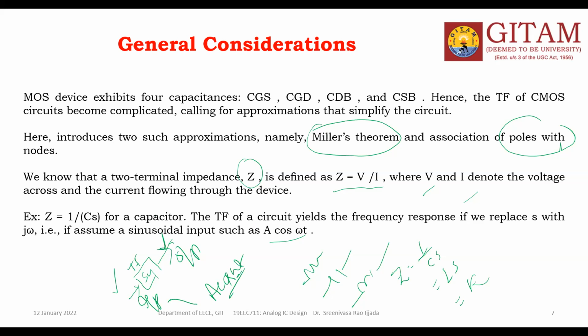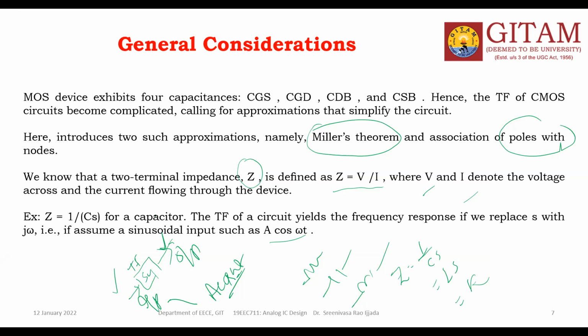So the first and foremost thing to do the frequency analysis, to draw the frequency response, what is the requirement? The transfer function of the system or circuit is required. Once you know the transfer function, you can observe the output response by applying some input.